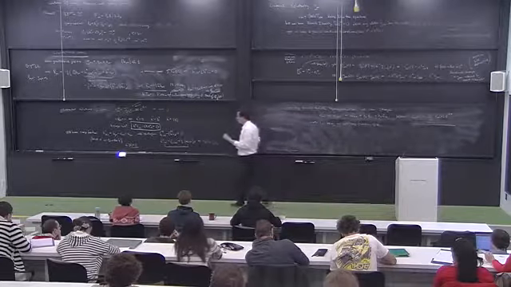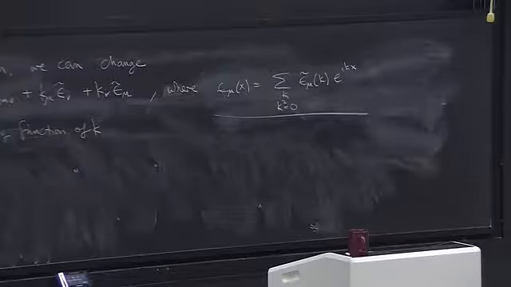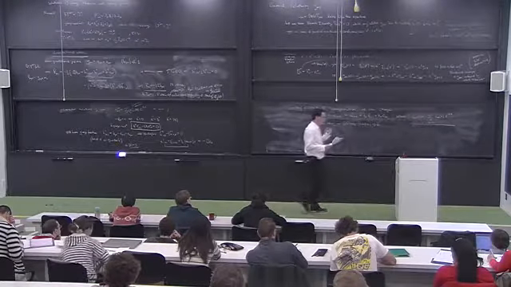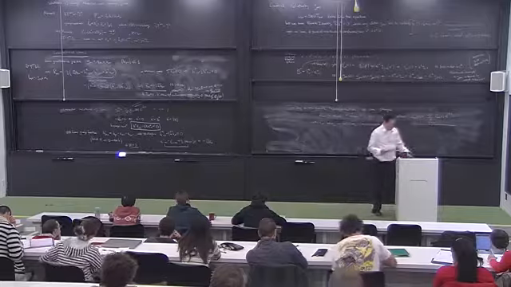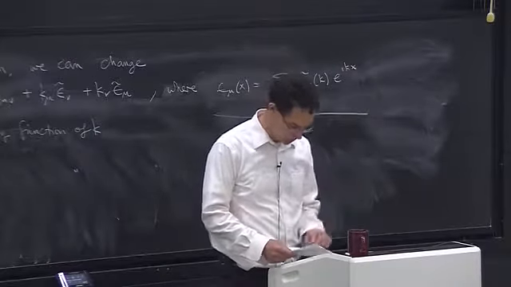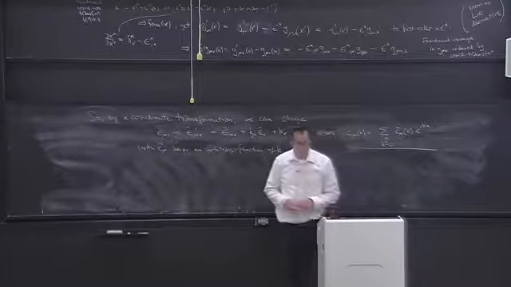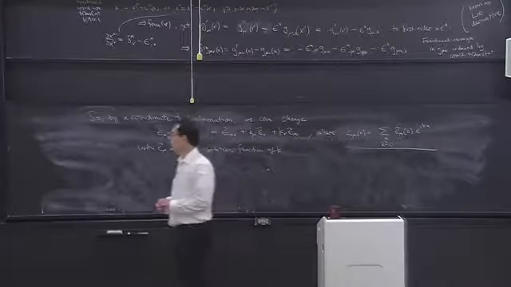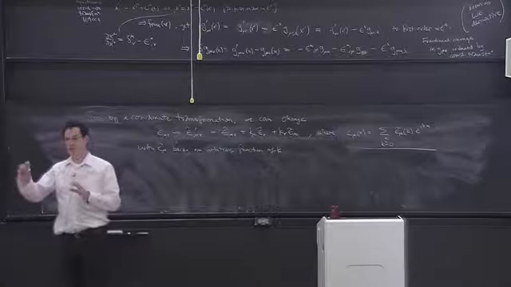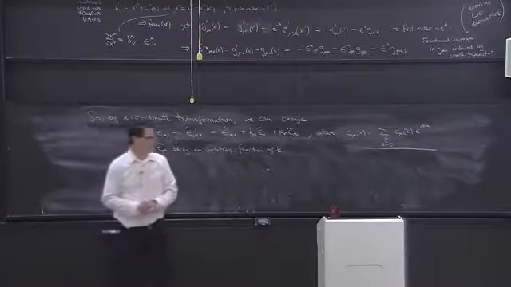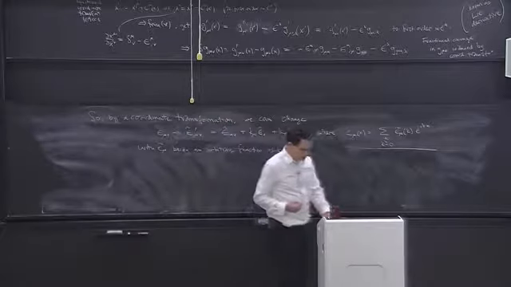And using those 4 additional free functions, we can reduce the number of gravitational waves propagating to 2. So we will do that algebra next time, and we'll see that there's really 2 linearly independent polarizations for gravitational waves.